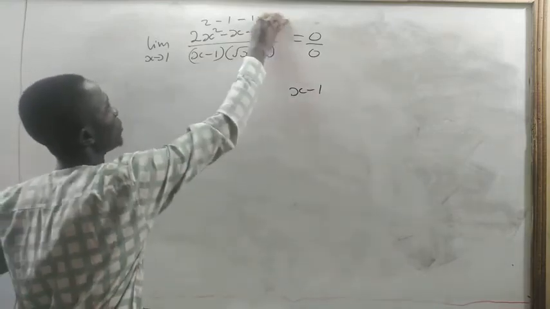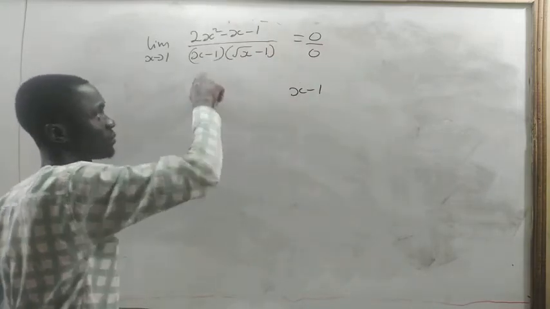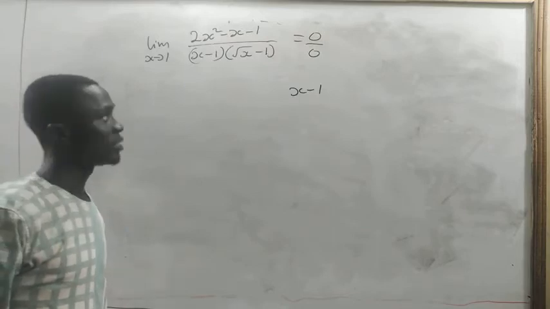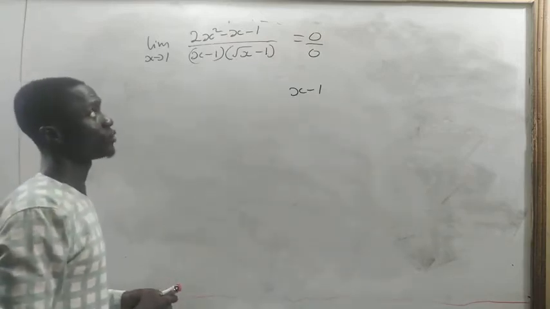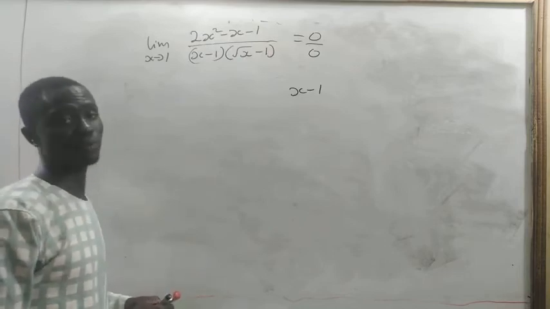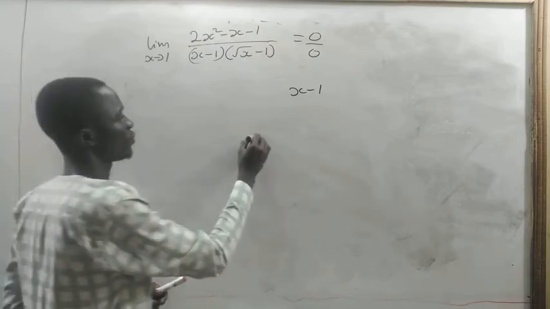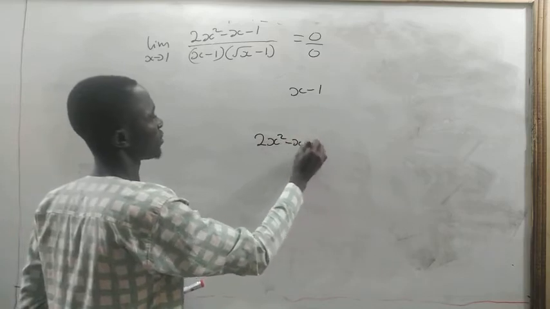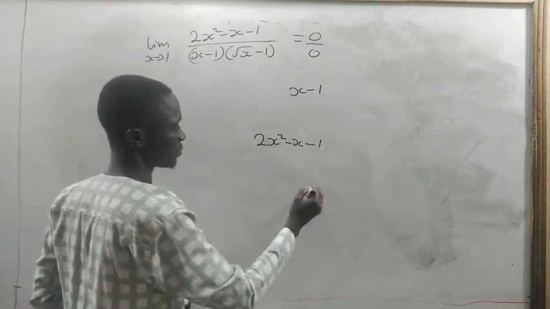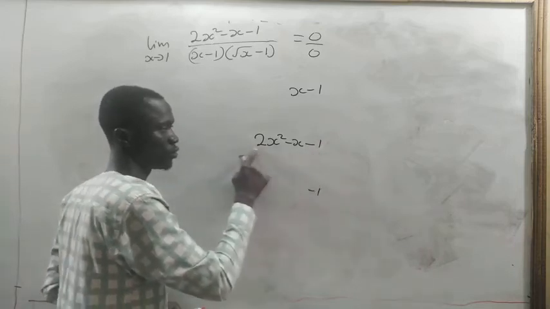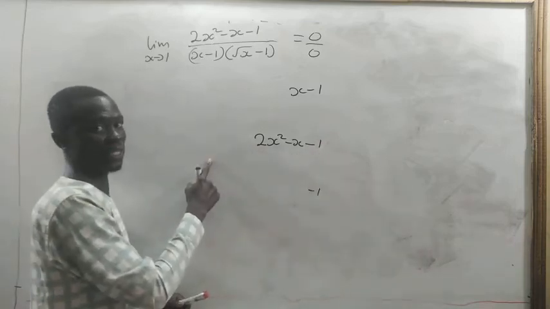So what do we do? We have x minus 1 at the numerator. We have a square root. Should we rationalize? No. We have the numerator as a quadratic expression, so let's factorize that. We have 2x squared minus x minus 1. There is no common term for us to factorize out first.